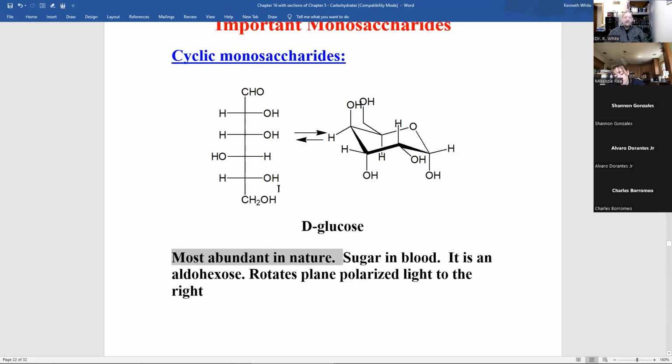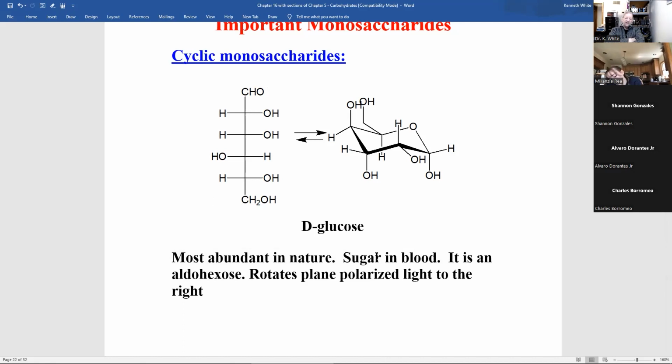It's a sugar because it's a monosaccharide. It's an aldose, it's got an aldehyde, it's got 6 carbons, and it's got 1, 2, 3, 4, 5 hydroxyl groups. Now, it's the sugar that's in our blood that helps, and now I'm way beyond my knowledge of the human body, but it helps bring nourishment.